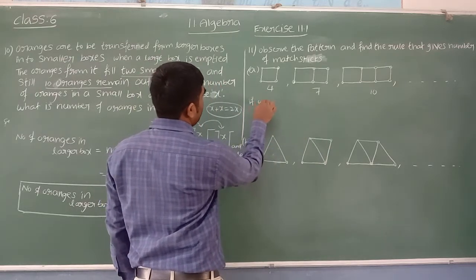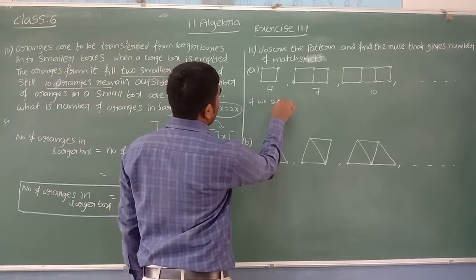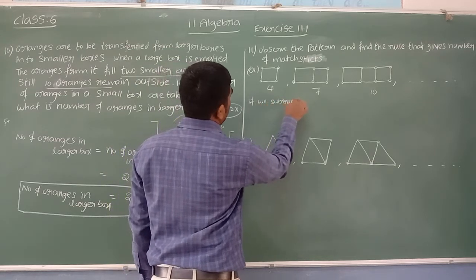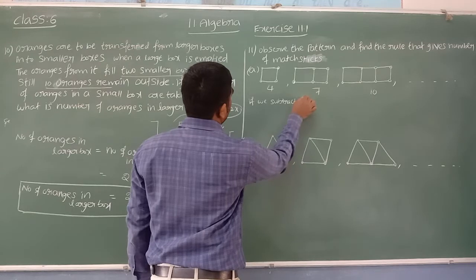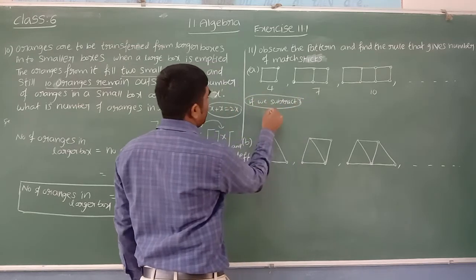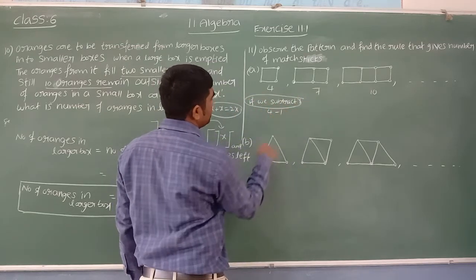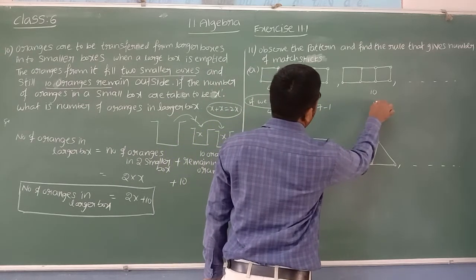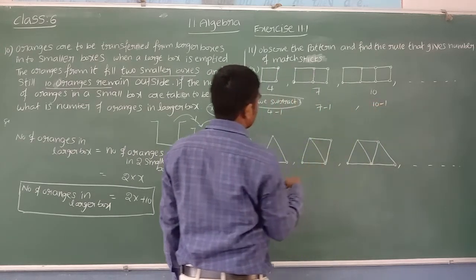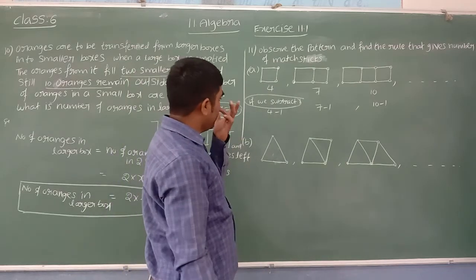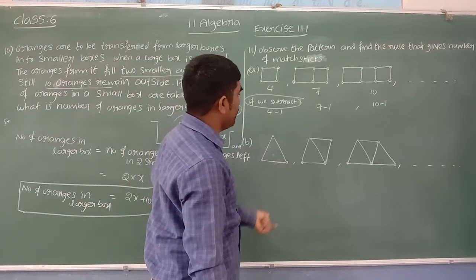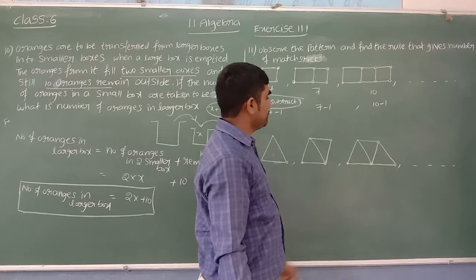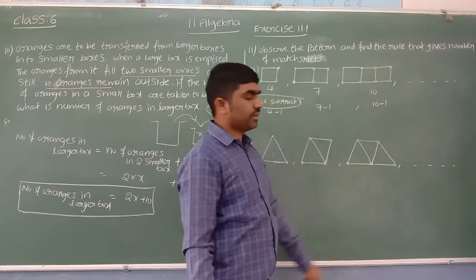If we subtract 1, what will happen? I can write 4 minus 1, here 7 minus 1, here 10 minus 1. So what do we get, beta? 4 minus 1 is 3, 7 minus 1 is 6, and 10 minus 1 is 9.